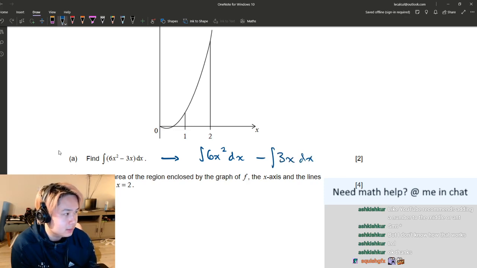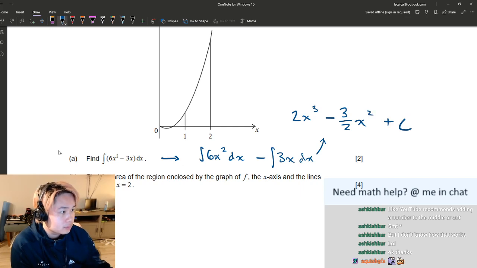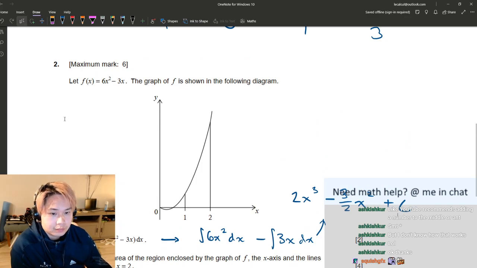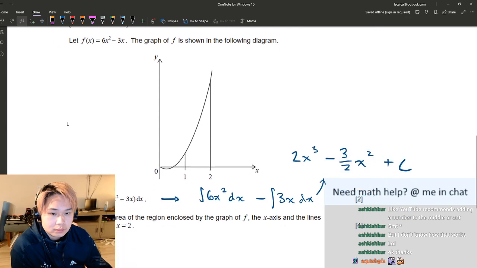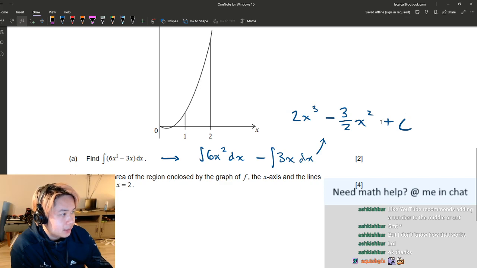And each one of these is easy to figure out. Okay, and then we add a constant because we don't really know much about this integral.